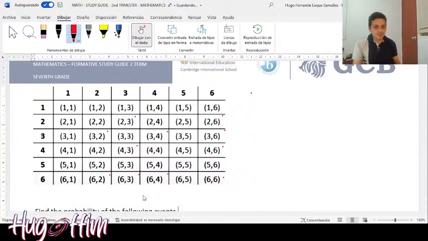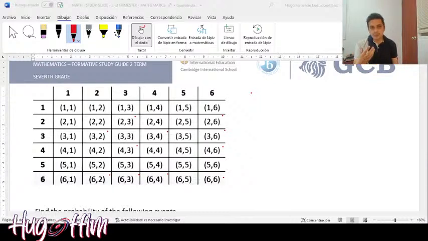What I recommend first is that you add the outcomes to get the sample space in values that we can detect, and in this way we can find the probability.